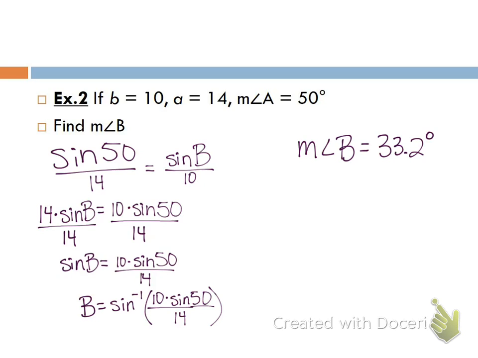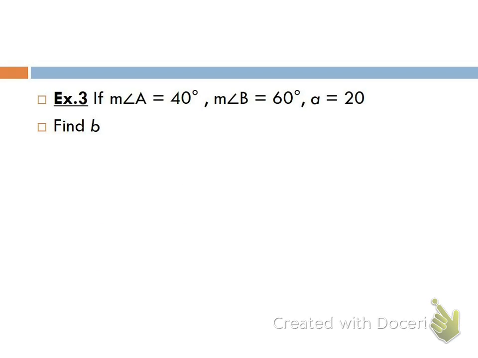Are we all familiar with using the answer function on your calculator to plug in your answer from before? Anybody need help getting that in their calculator? Who can tell me the initial ratio or proportion they set up?